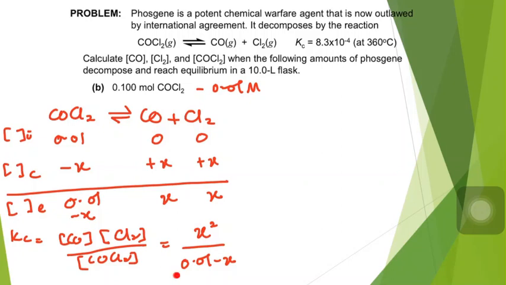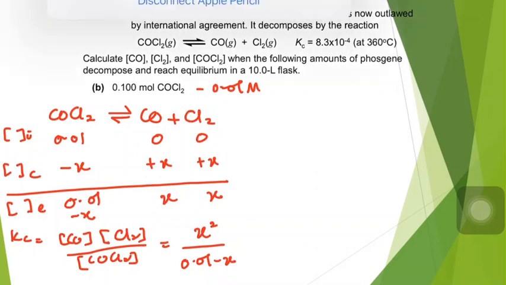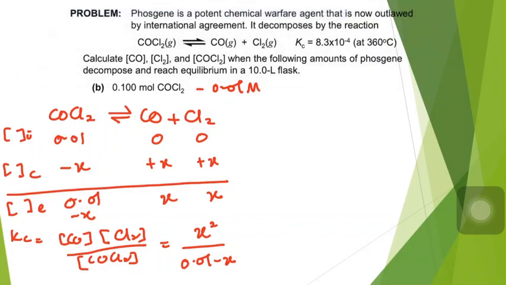So now we have to decide whether this 0.01 minus x can be just simplified to 0.01. Can we neglect the x value? By using the same method as before, we have to calculate the initial concentration divided by the Kc value.